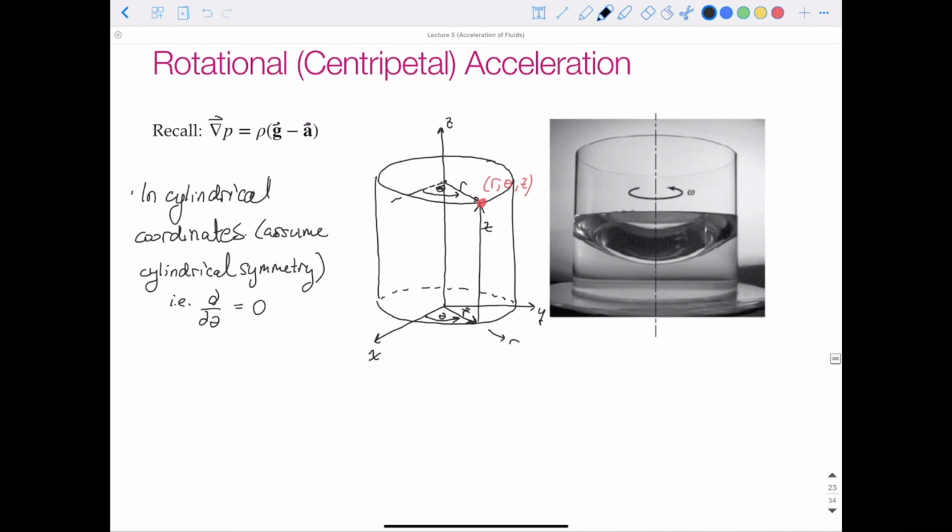So our new equation becomes our gradient of pressure is equal to partial P partial r in the radial direction plus partial P partial z in the k direction.